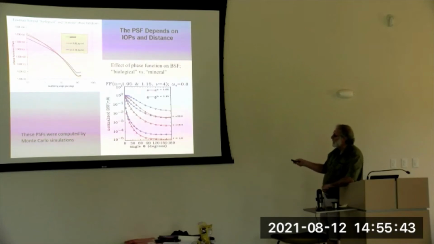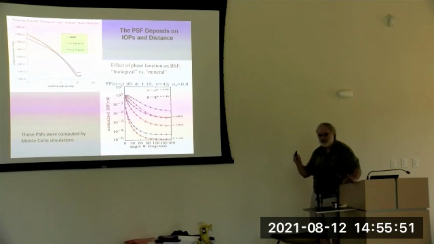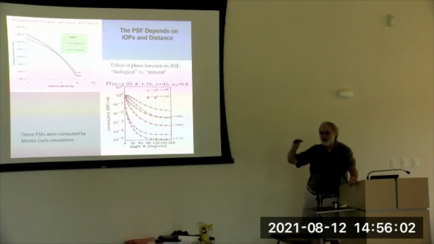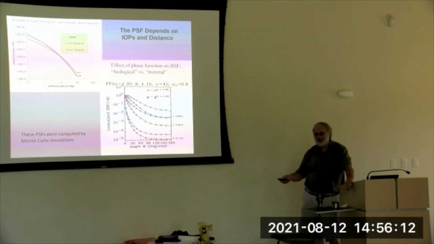Notice for the low optical distance, this has the same shape as the volume scattering function. The units are different, but the shape is the same. That makes sense because at low optical distances, I probably only have about 1 scattering event, so the beam spread function is only recording 1 scattering, in which case it has the same shape as the volume scattering function.